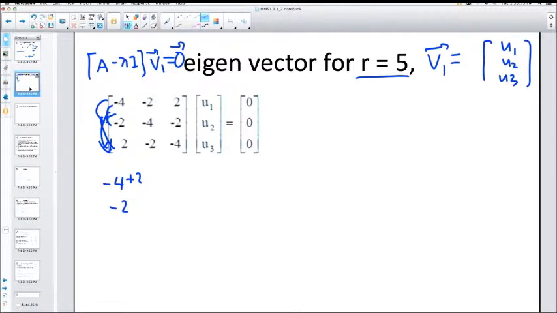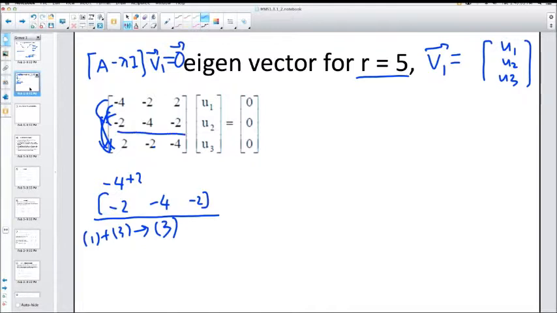Negative 2 plus negative 2, I get negative 4. And 2 plus negative 2, I get negative 2. Then if I add the first row to the second row to the new third row, that's exactly the same as the second row. So you got it? So what I'm telling you is the third row is really redundant.